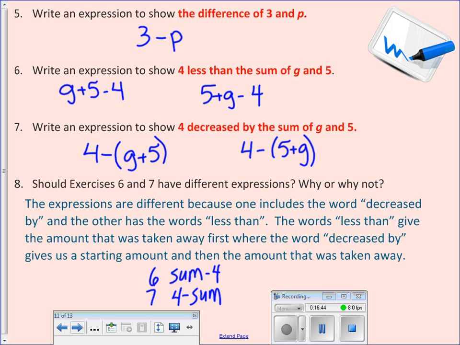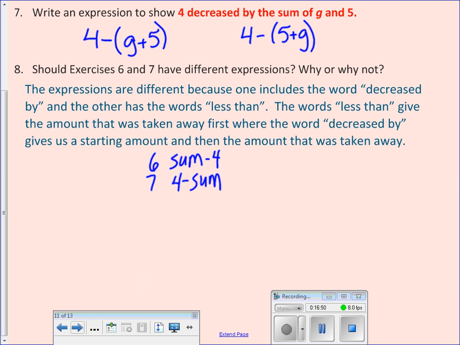Okay? Less than and decreased by are two different words that have two different meanings. So be alert, be aware. Don't let those subtraction words trick you. Okay? So sum minus 4, that was decreased by.